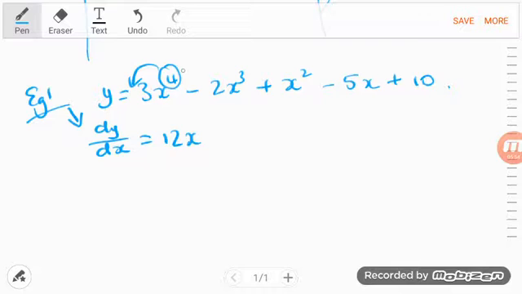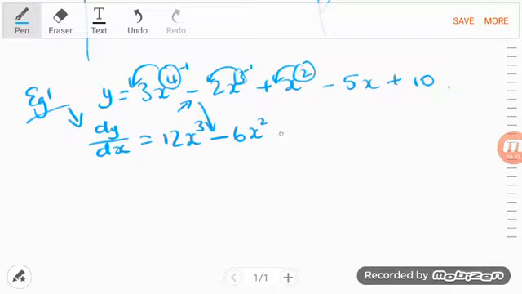X, reduce our power, that becomes 3. Next one, don't forget that we have a negative, so our negative must carry through. 3 times negative 2 is negative 6. X, reduce our power by 1. So that becomes 2.